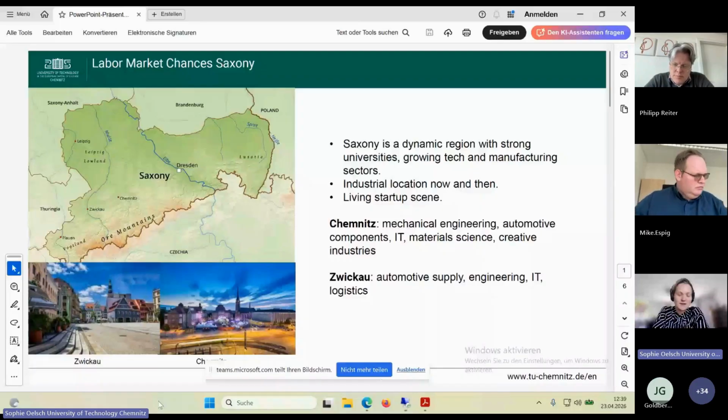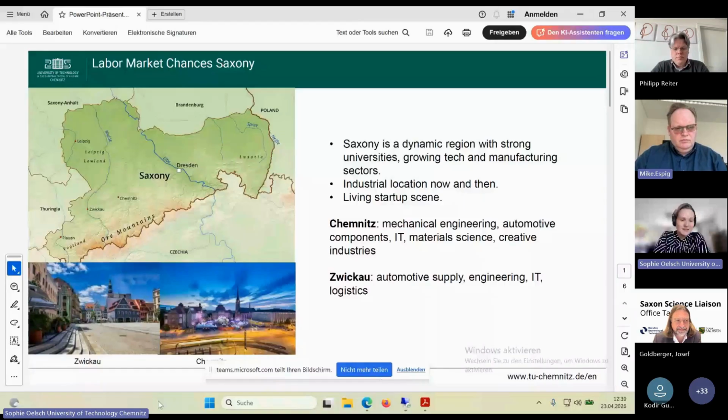So I guess like the presentations of the professors had, you already know that Zwickau and Chemnitz are industrial locations in the past, but also today. So what you probably don't know yet is that Saxony also has a living startup scene. So new ideas grow in Saxony and have space to grow.